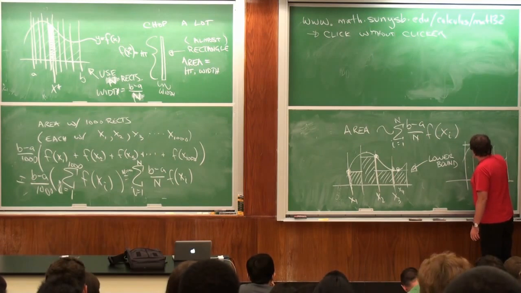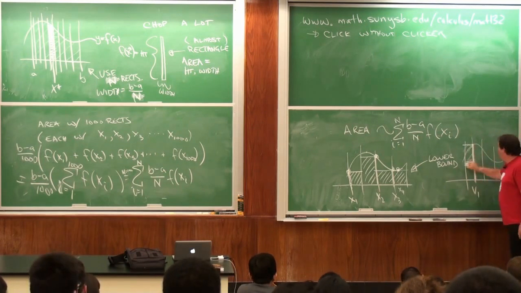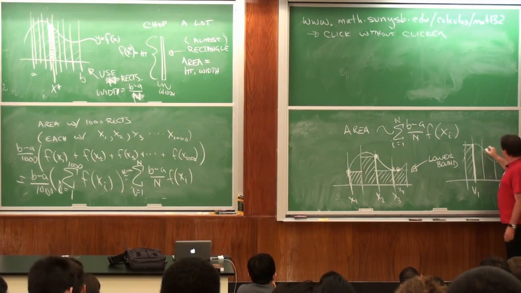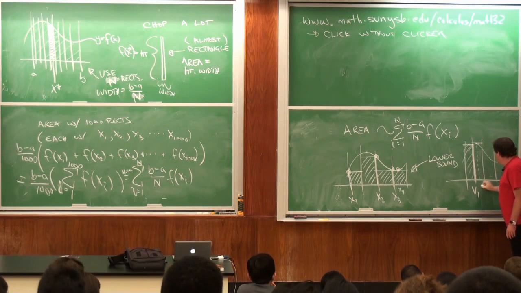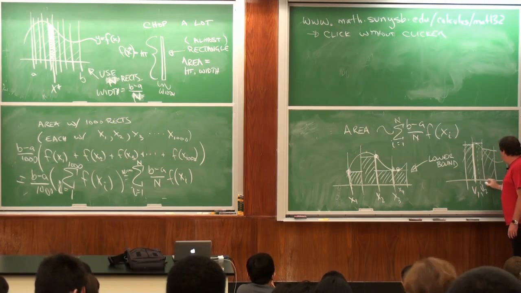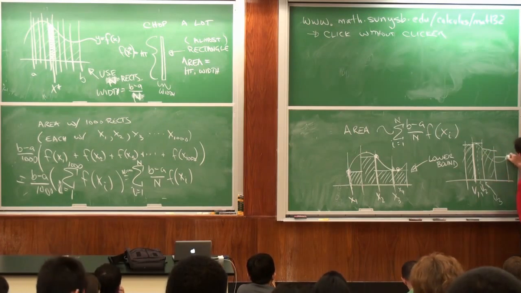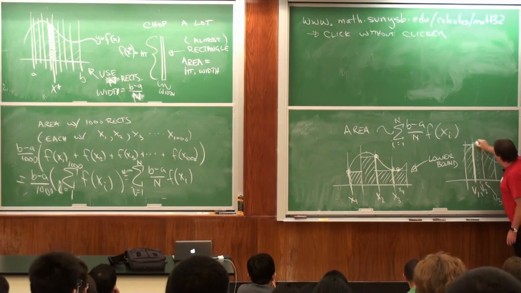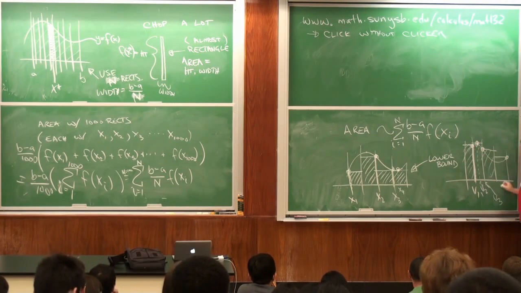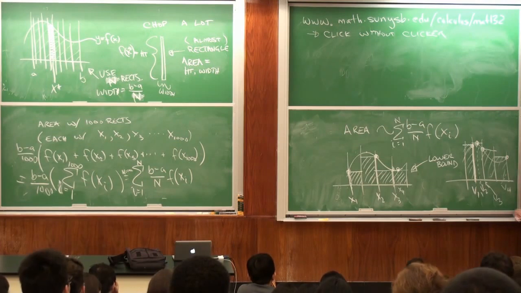If I instead choose this point to be my v1 for this rectangle, and then this point to be my v2 here, and then this guy to be my v3, and then this guy to be my v4, then I get something that is for sure too big.